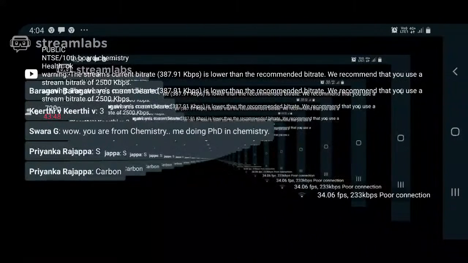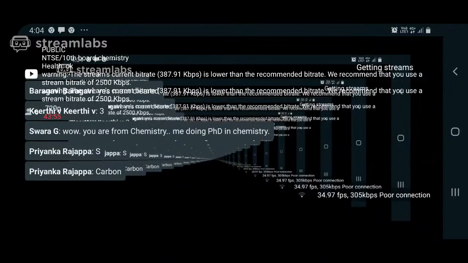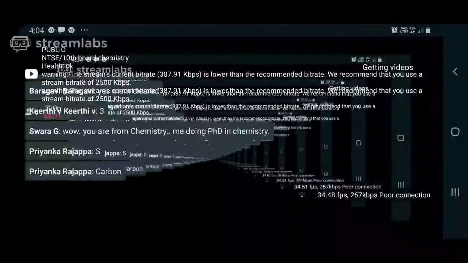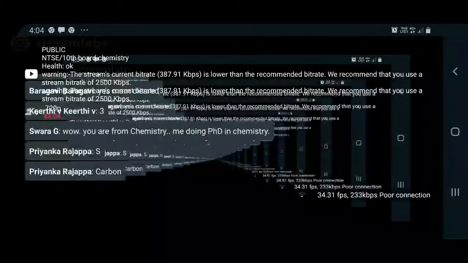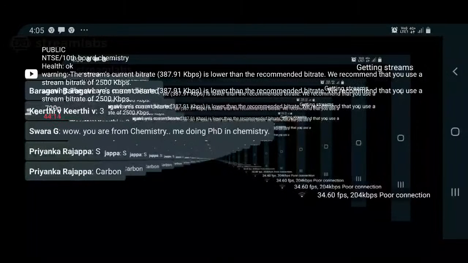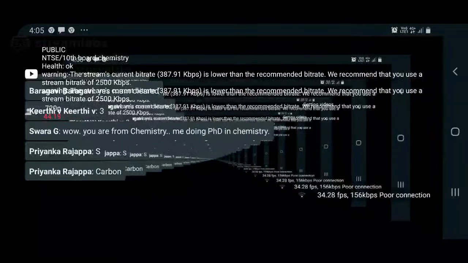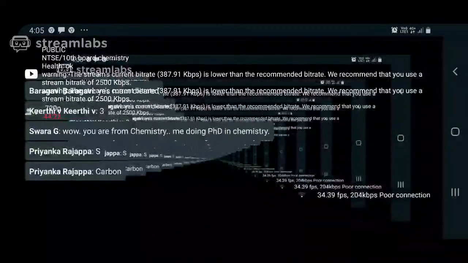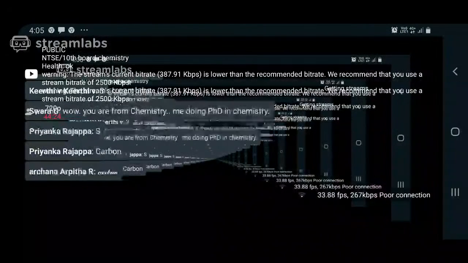Carbon monoxide is always considered to be neutral, and carbon dioxide, when mixed with water, forms carbonic acid. It shows acidic nature. Hence, the answer is carbon. The fourth option is the right answer. Yes, now Priyanka answered correctly. It is carbon. Carbon monoxide is neutral. Carbon dioxide shows acidic nature. Okay. Cleared, all of you?